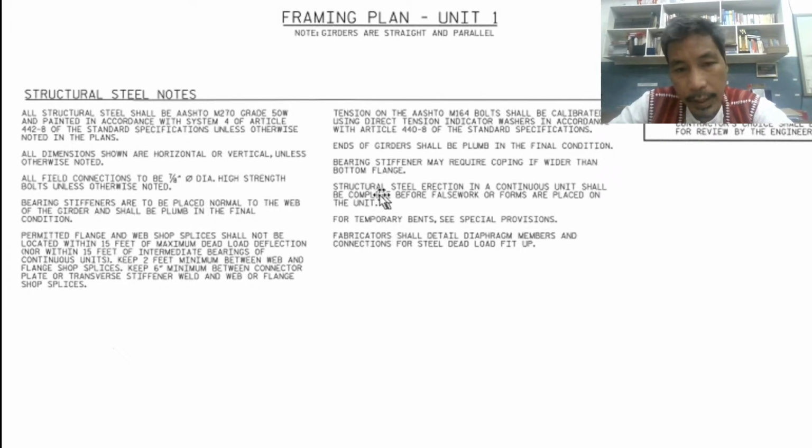So number 9, structural steel erection in a continuous unit shall be complete before false work or forms are placed on the unit. Erection.